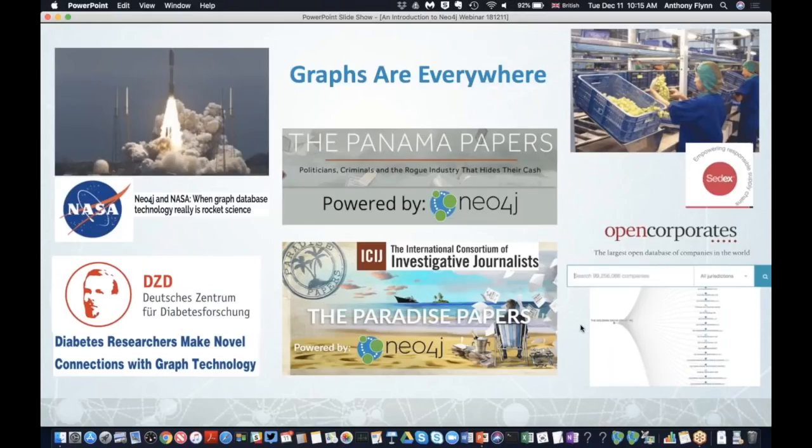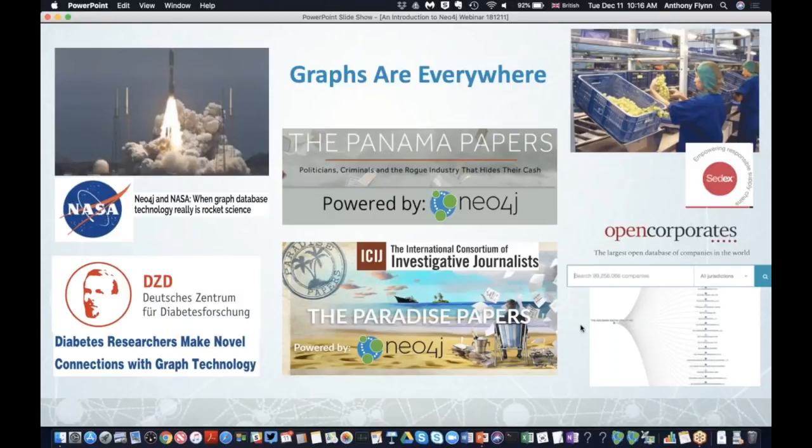In terms of some of the more high-profile use cases you may have seen, of course, the Panama Papers and the Paradise Papers, which were journalist-led exposés of offshore bank accounts, that was all powered by Neo4j. On the left there, you've got NASA, which has built a lessons learned knowledge graph on Neo4j.